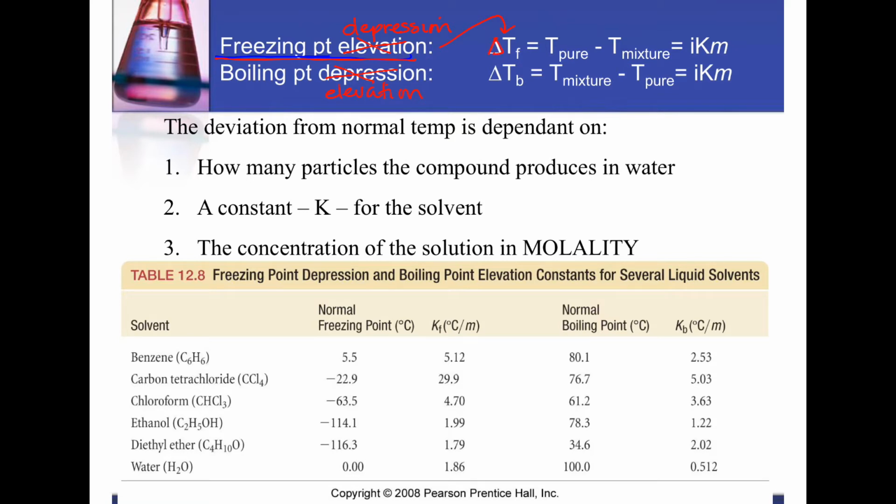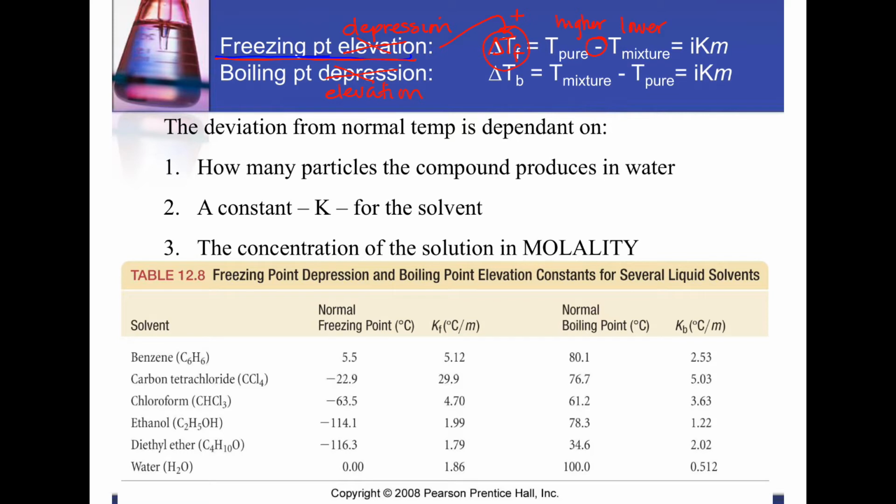This delta T freezing, what that's saying is what is the change of the freezing point? And because freezing points are always lower, the mixture is going to be a lower number. This one's going to be a higher number. And so when you calculate this number, this is always going to come out to be a positive number.